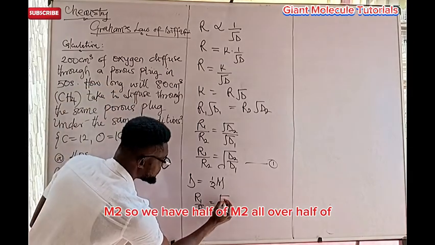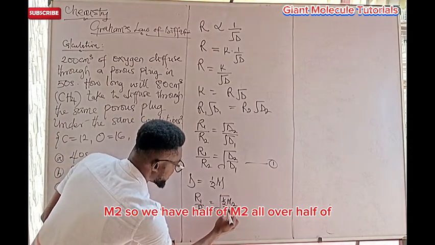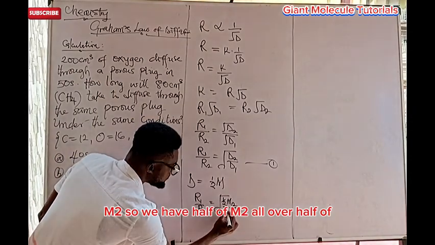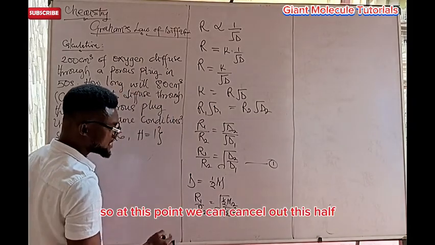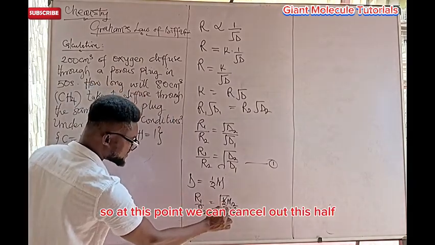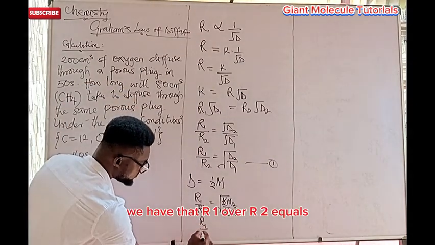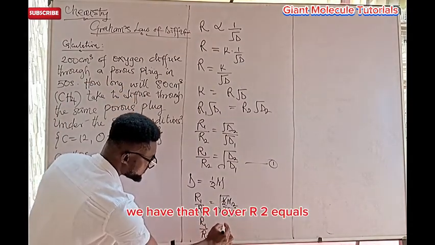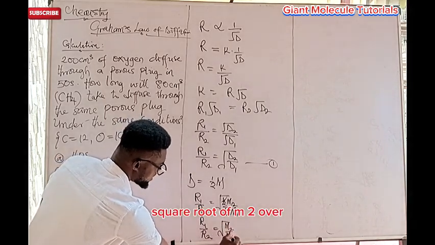So we have half of M2 all over half of M1. At this point, we can cancel out this half. We have that R1 over R2 equals square root of M2 over M1.